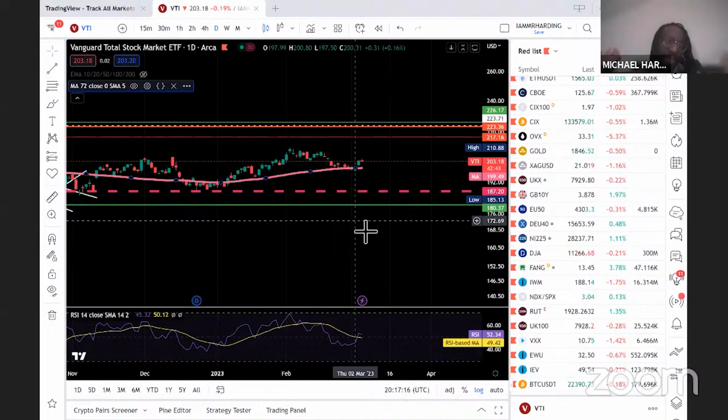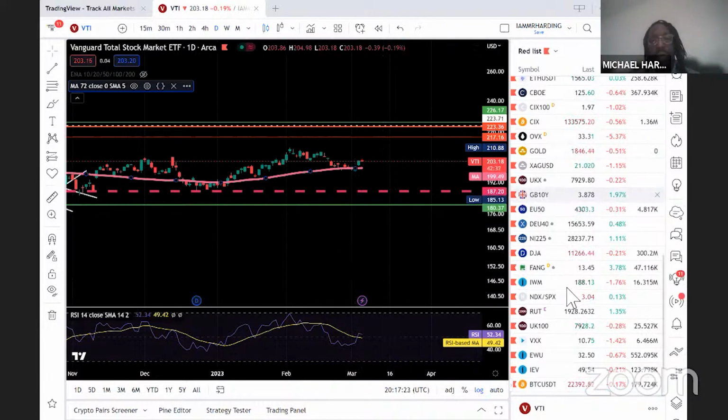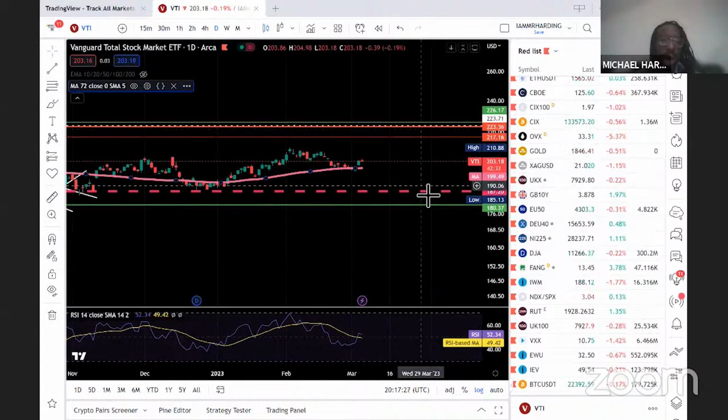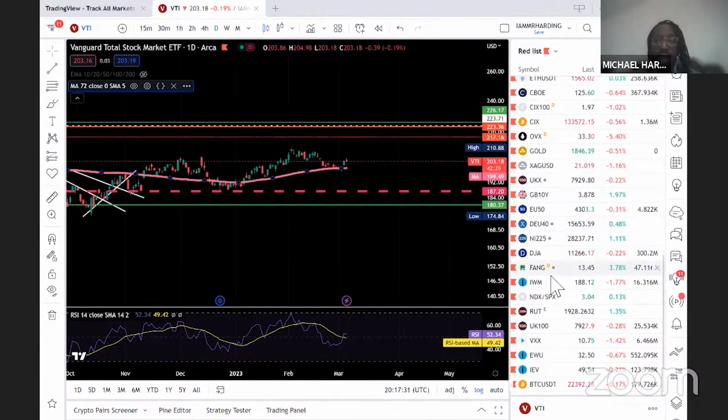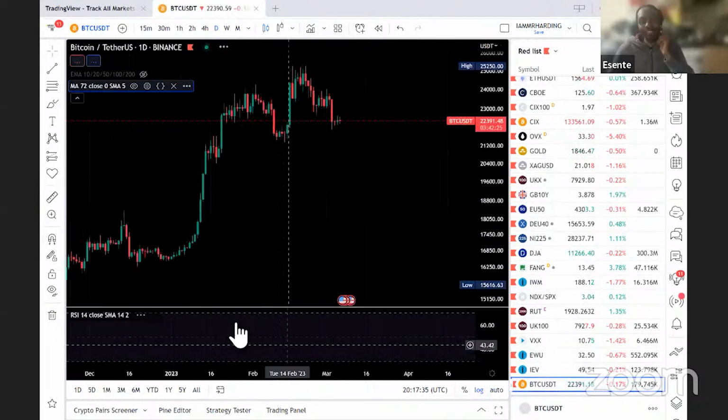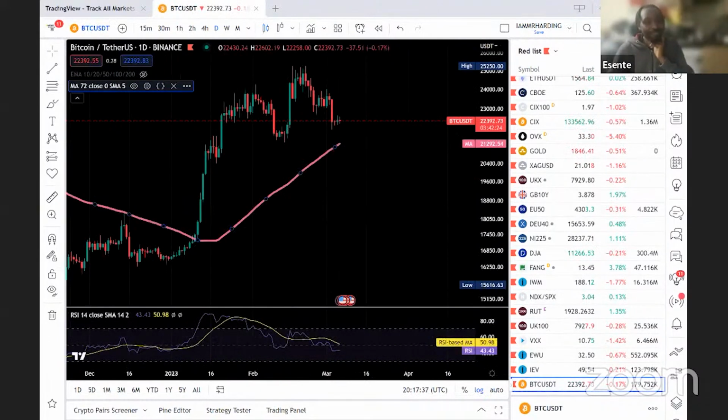All technical analysis means nothing if whales decide to do whatever they want to do. So this is why some people argue that technical analysis is completely pointless, because if the whales decide that they want to make a move on something, then your technical analysis means nothing. But let's go to Bitcoin and let's see what we can see here.